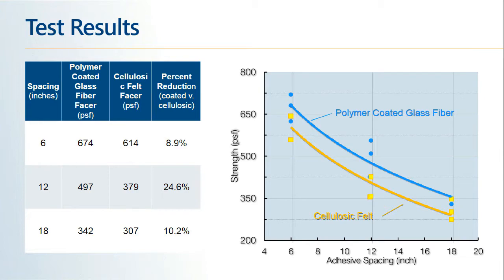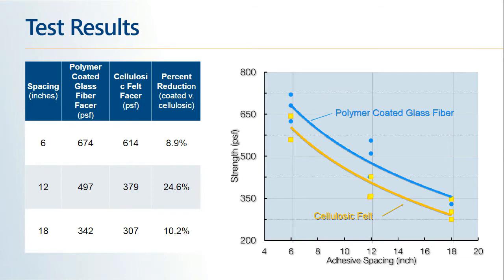And you can see the dots are the actual plotted numbers that we had for each of the test specimens. And the lines we call the fit curve because they're fairly uniform and relatively parallel to one another.